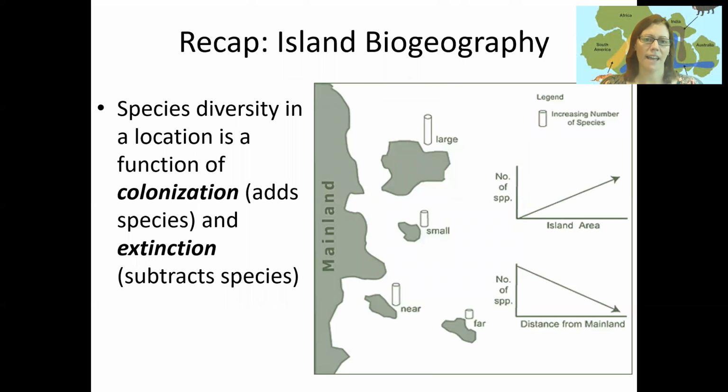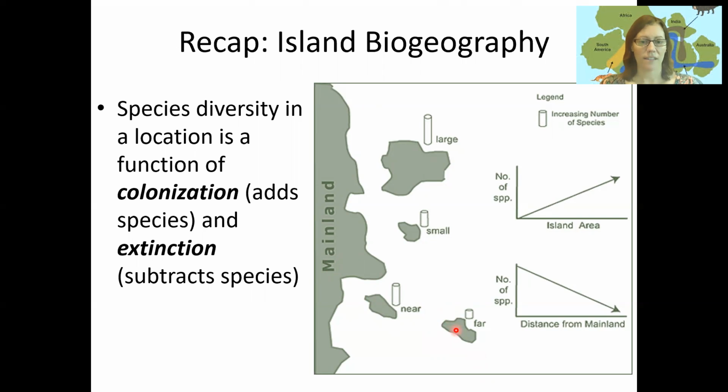Just to recap, when we talked about the empty niche hypothesis, one of the things that really links to that is the idea of island biogeography, that species diversity is a function of colonization and extinction, right? So if you are a small island, for example, far away from a mainland, it takes a lot for a new species to arrive.